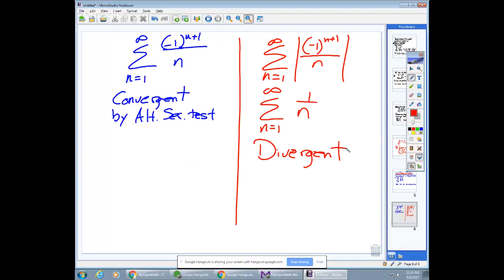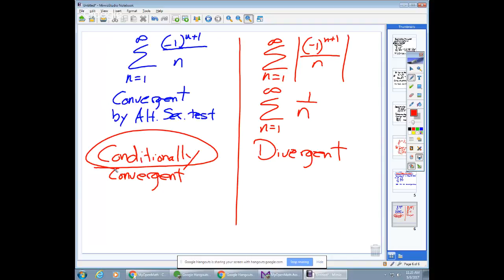If the absolute value of the terms is divergent, but the original series is convergent, then we say this original series is conditionally convergent. What do you mean conditionally? Well, on the condition we don't mess with the signs. That's all. We don't mess with the signs, it converges.